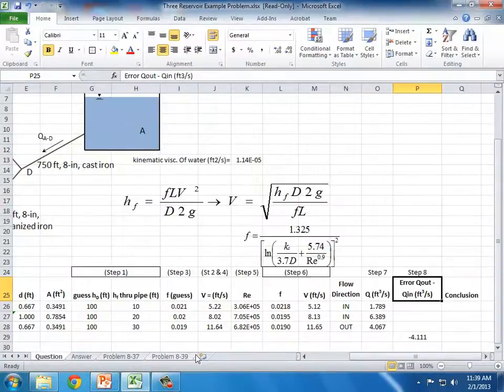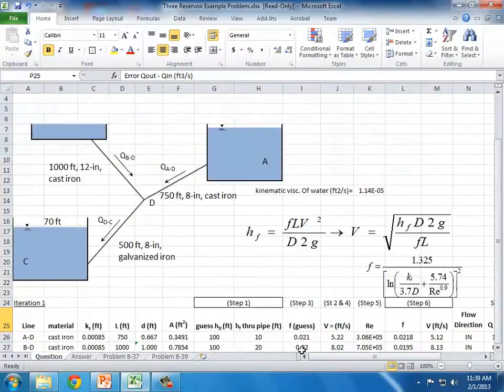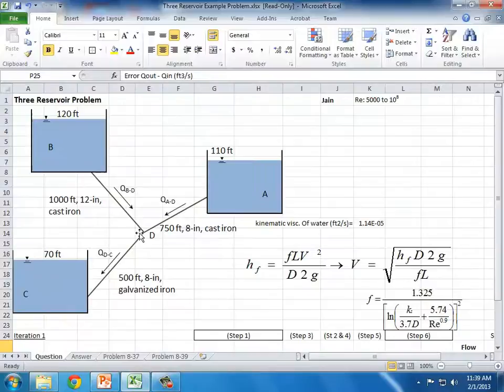So let's step back from the spreadsheet and think in physical terms about what this first iteration has told us. The way that we're solving this problem is we're trying to guess how much energy there is at D, because if we know how much energy there is at D, then we can calculate what the flow rate is through each of the pipes. But our guess was wrong, and our guess was too low.